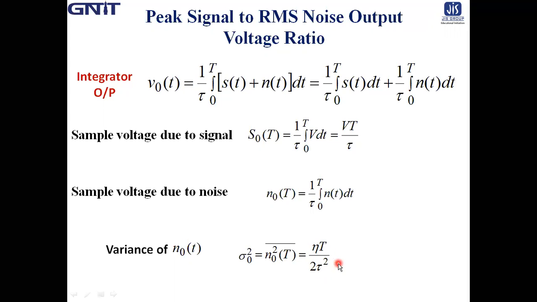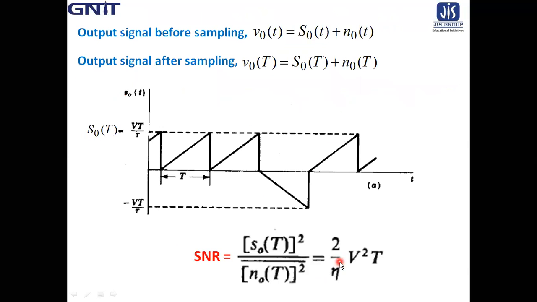So if we put this in, ultimately we get 2 by eta into V square T. The signal to noise ratio increases with increasing bit interval T, and it depends on V square T, which is the normalized energy of the bit signal.